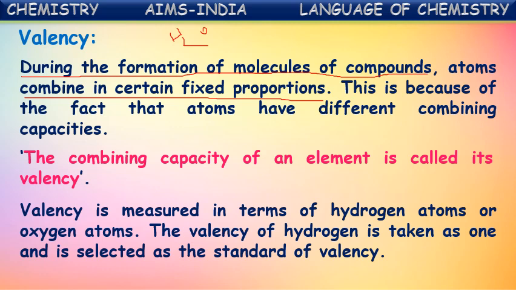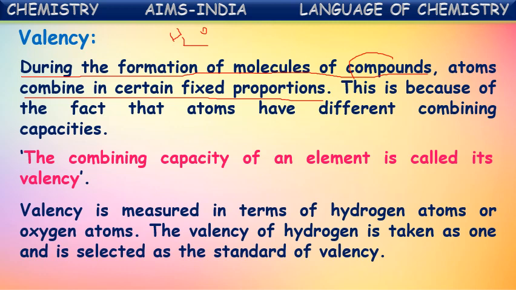Carbon dioxide gas, wherever you write, is CO2. One carbon, two oxygens, that is fixed. There is no change, that is called fixed proportion. While forming compounds, atoms combine in fixed proportions. Two hydrogens and one oxygen give you the water molecule. One carbon and two oxygens give you the carbon dioxide molecule.